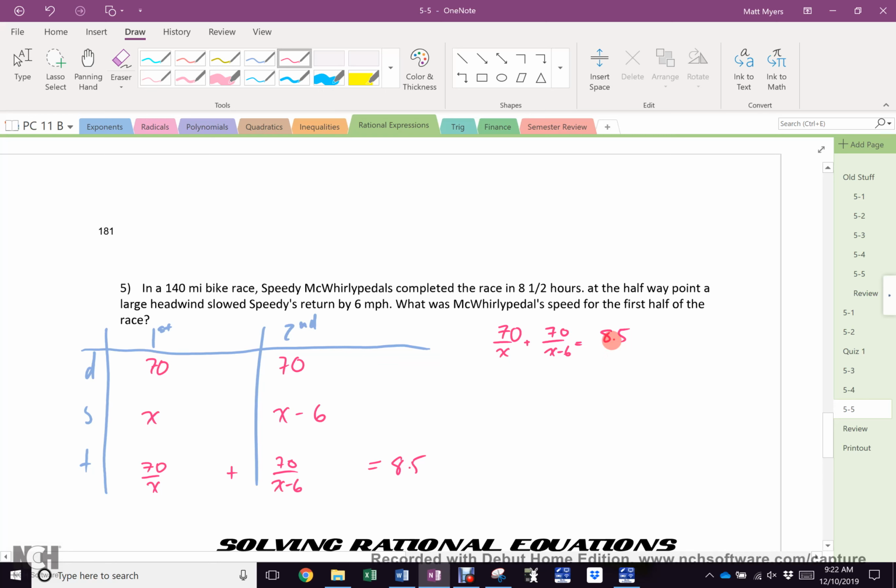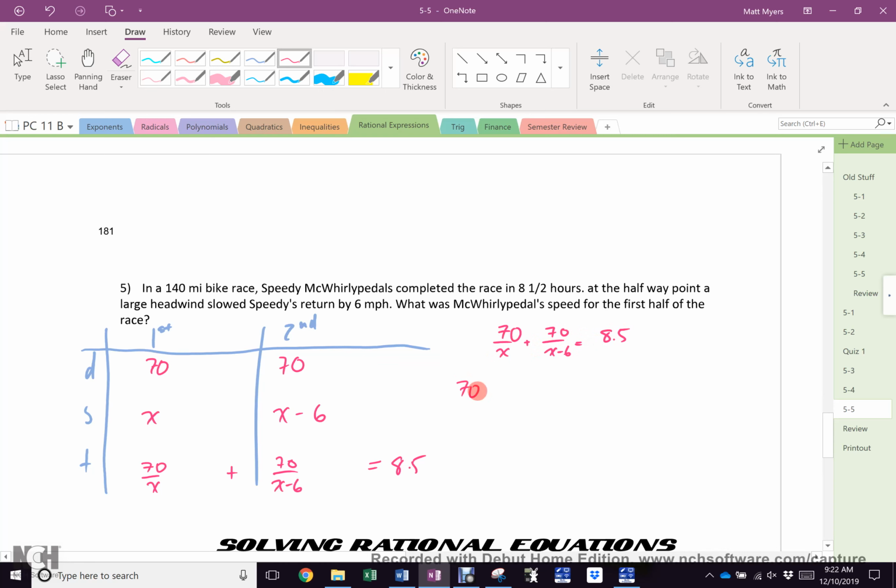You could multiply the whole thing by 2, yes? Then you'd have 140, 140, and 17. Right? So what are we going to do here? What's our common denominator? Okay, it's x minus 6. I need both of them, don't I? So what's this guy getting?